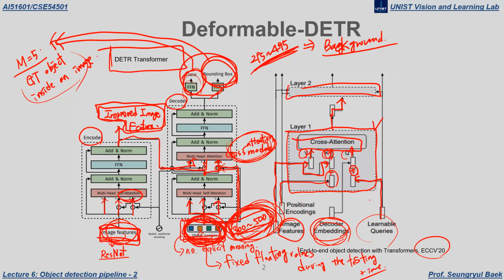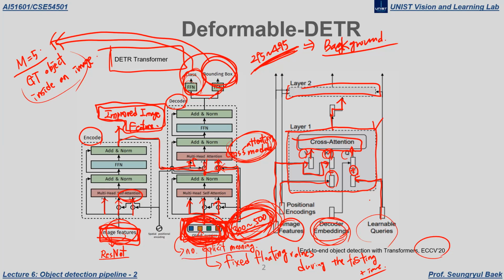We can flow the gradients until here, and these values are updated to maximize the accuracy for the training data. And those fixed values are used for the testing time.